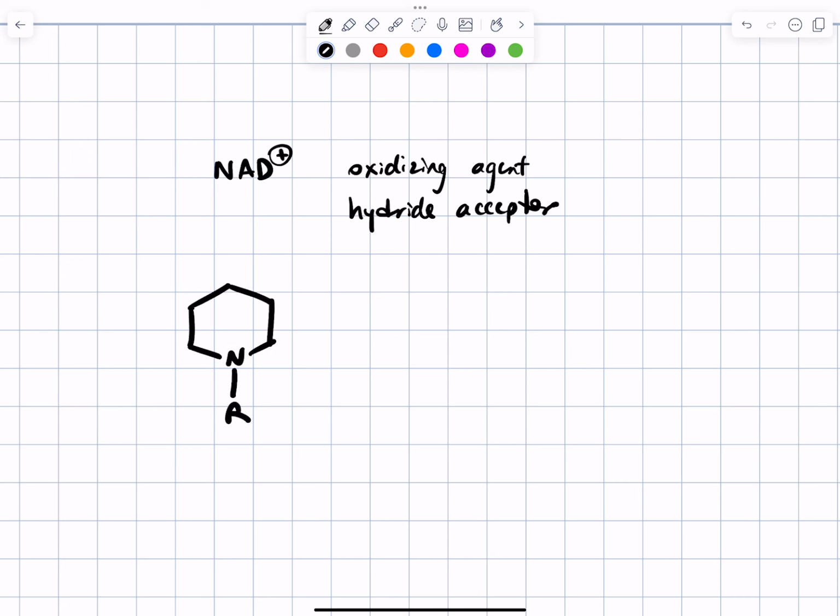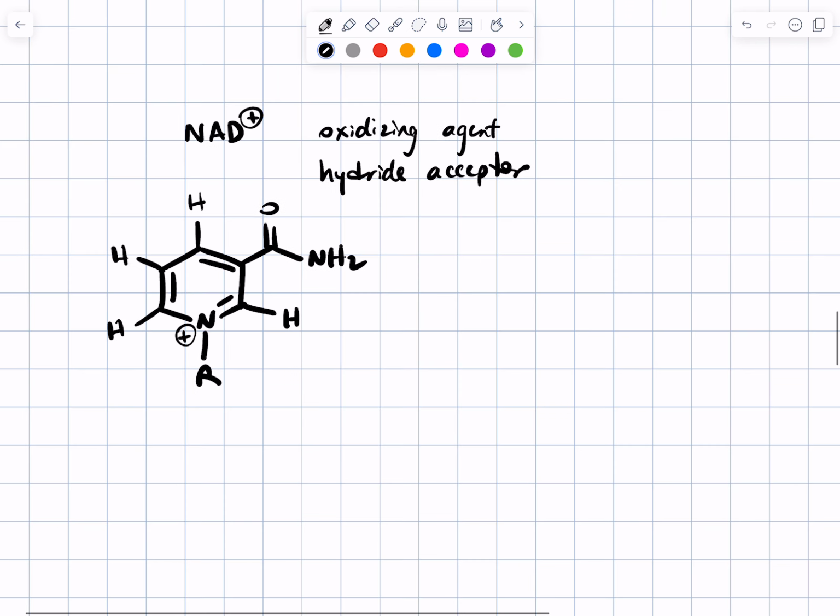A nitrogen in a 6-membered ring where the nitrogen's bonded to an R group. There are 3 double bonds in that ring, one of them with nitrogen, and the nitrogen has a positive formal charge. There are a lot of hydrogens here that are implied but not shown. I guess I'll draw all of them just to make the point, and then I'll quit drawing them.